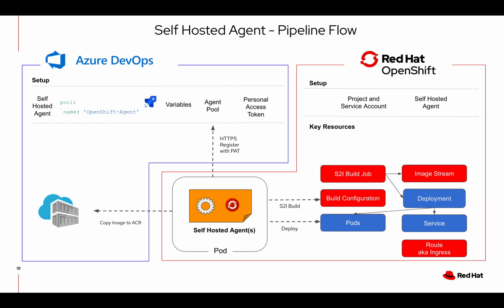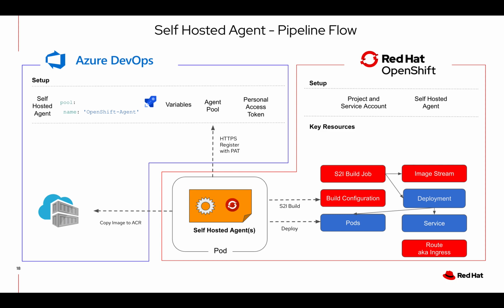That's the way I've built it. I've also got some variables that you'll see within the Azure DevOps, and the beauty is that some of these variables can come down into the self-hosted agent.